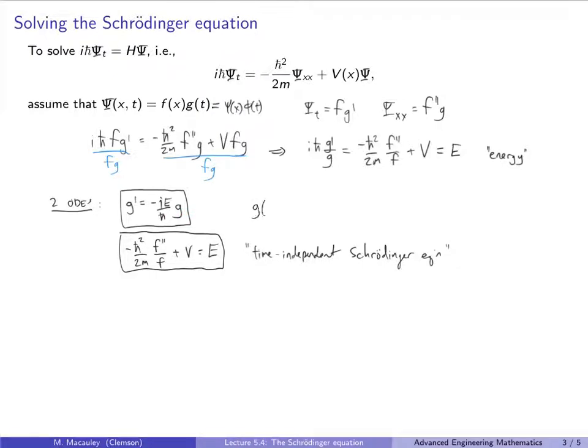So g of t is an exponential function, e to the negative i E t over h bar. I'm leaving a little space here because, of course, the general solution has a constant in front, but as we've done before, we're only looking for one solution here because we're going to multiply a solution g times a solution f and then do superposition.